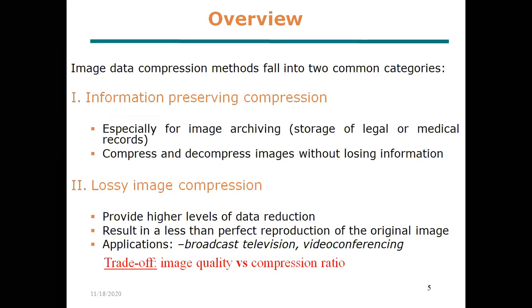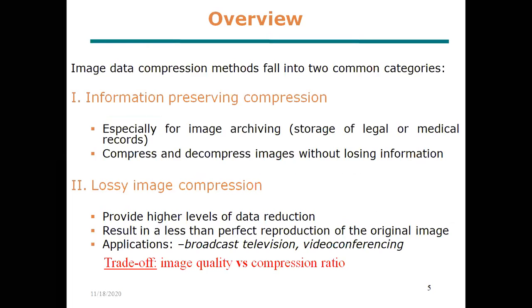So actually, image data compression methods can be divided into two categories. The first one is information preserving compression, because the name itself indicates that in this case we will preserve the information while compressing the image.